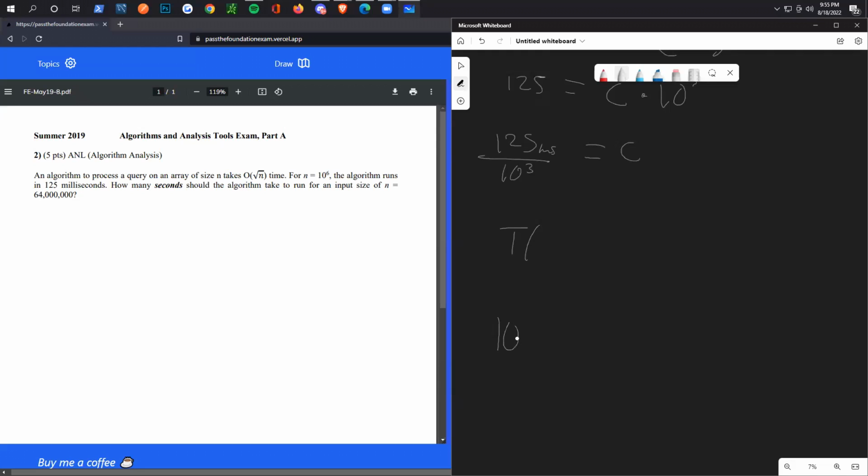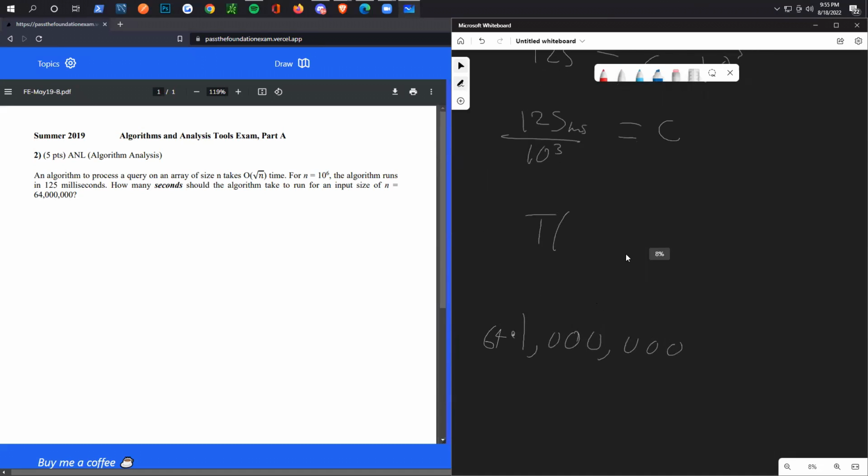They gave us 10 to the 6, and 10 to the 6, by the way, is just 1 million. You can get that by counting 1, 2, 3, 4, 5, 6, which gives you 1 million, just 6 zeros. And we have this times 64.